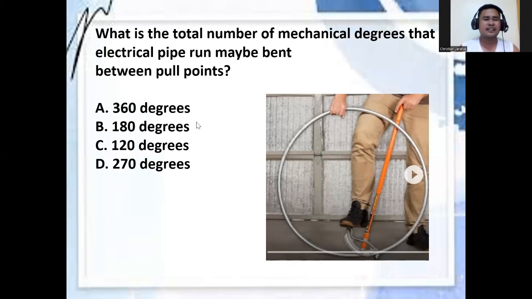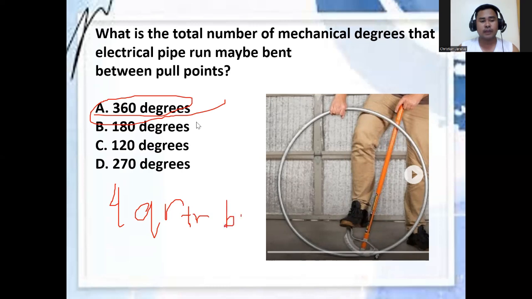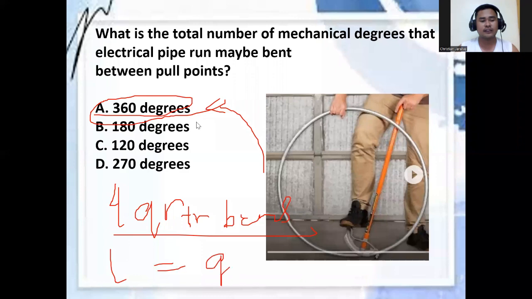Mechanical degree ng isang electrical pipe, it should be on its maximum limit, and that is 360 degrees. Tandaan nyo, 4 quarter bends. 4 quarter bends, and that would equal to 360 degrees because every quarter is 90 degree bend. Ha?